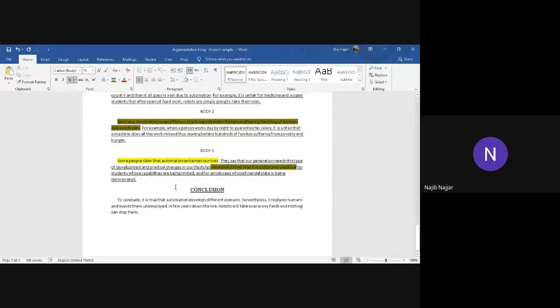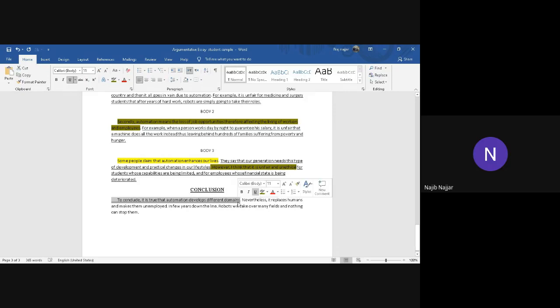The final part is the conclusion. In the conclusion, the teacher expects you to restate the thesis. Here, the first part is a restatement of the thesis, which we have here. Let me show you. It is true that automation develops different domains.